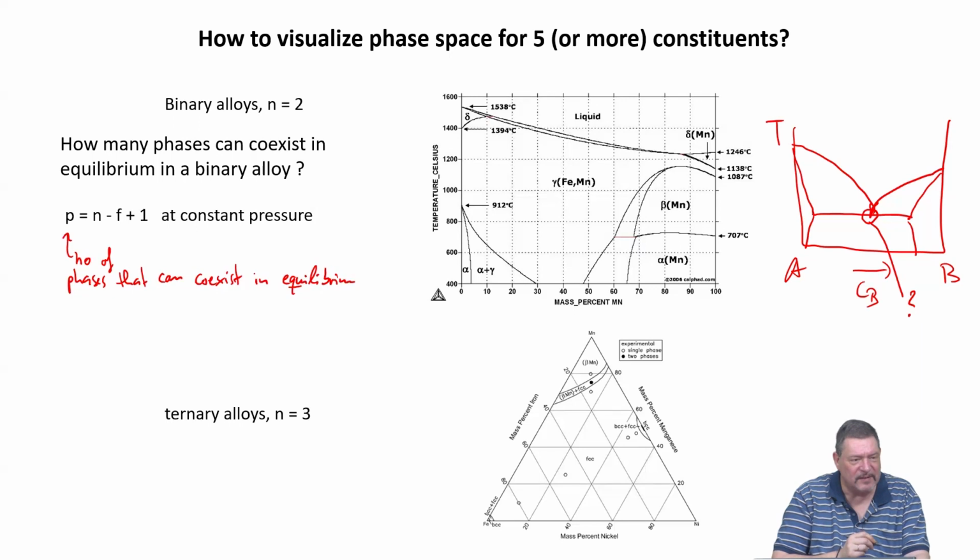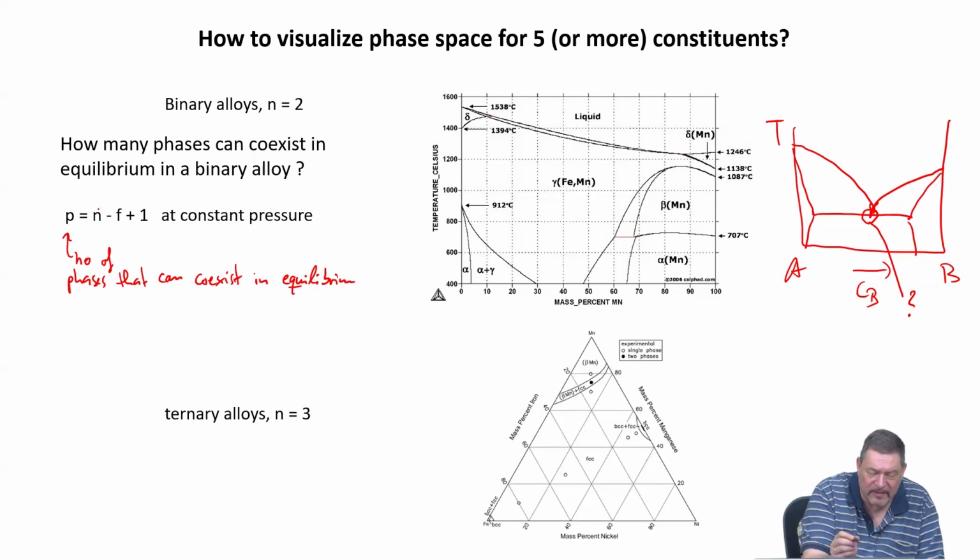The number of phases that coexist in equilibrium depends on the number of constituents and the number of degrees of freedom.